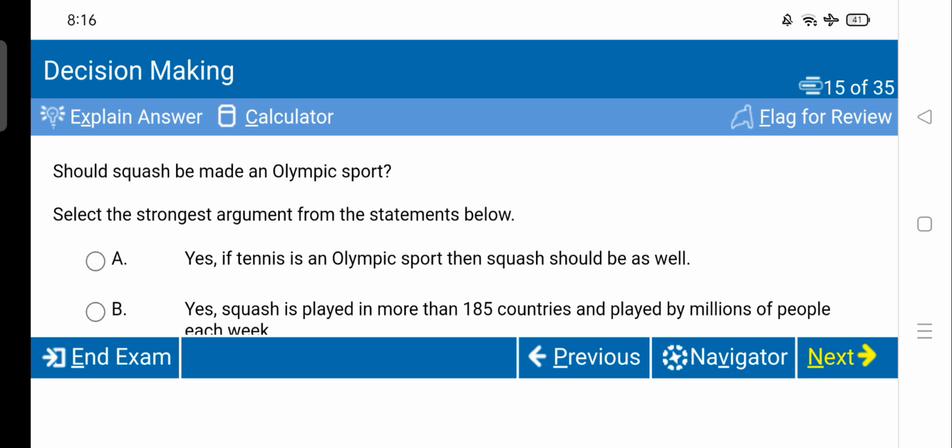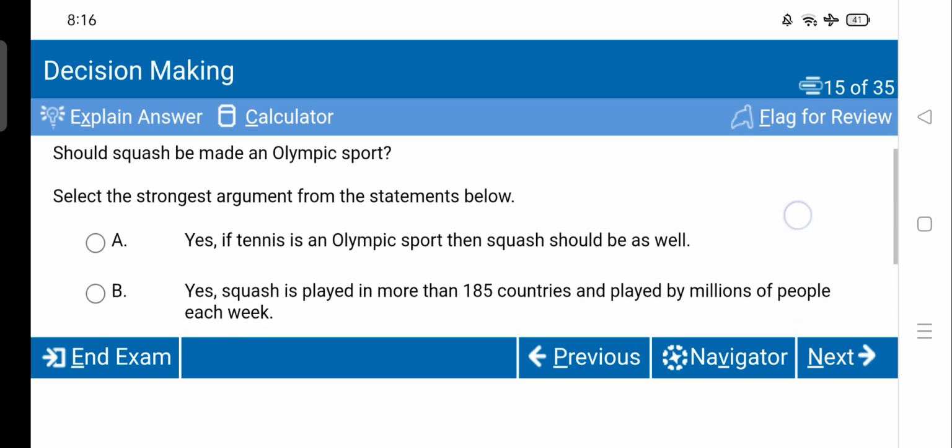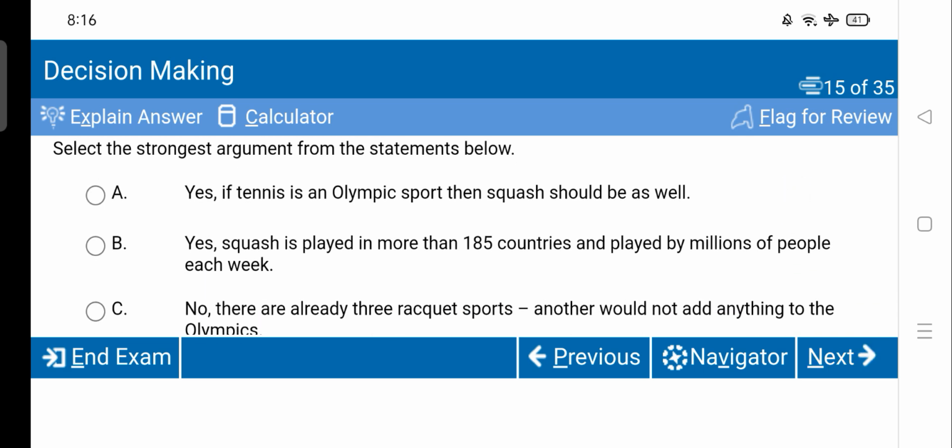Should squash be made an Olympic sport? Select the strongest argument from the statements below. Option A, yes. If tennis is an Olympic sport, then squash should be as well. Option B, yes. Squash is played in more than 185 countries and played by millions of people each week.